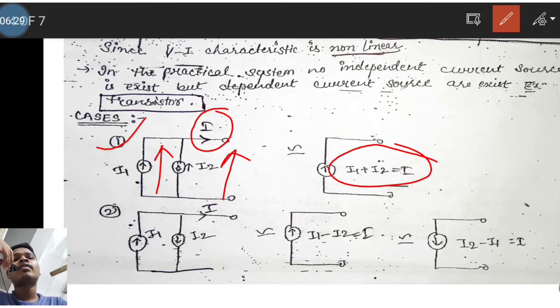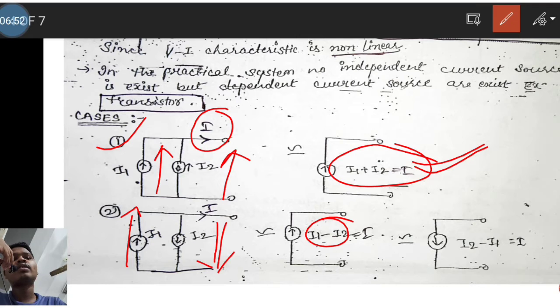Both currents are added to each other, and then the actual current is formed. See case number 2, if one current direction is upward and another is downward, then by applying Kirchhoff's current law you will find I1 minus I2 is your output current, in this direction.